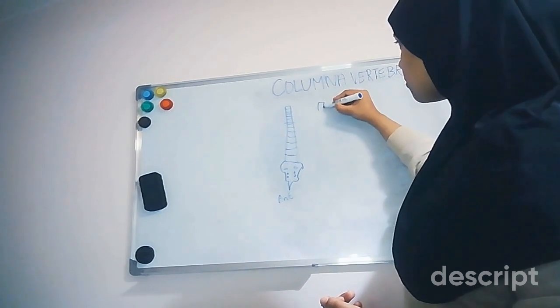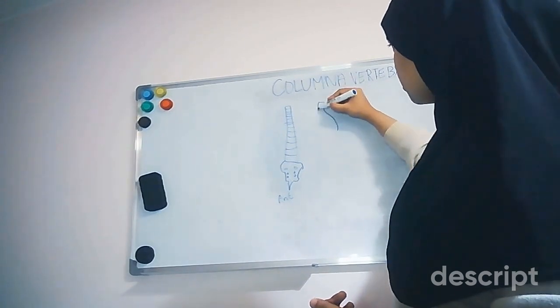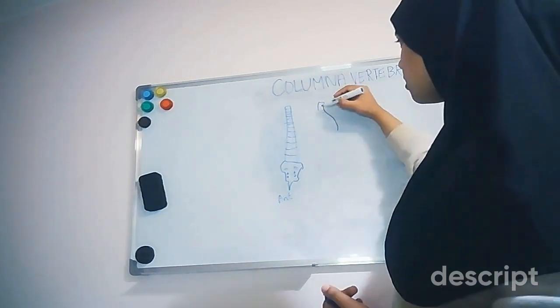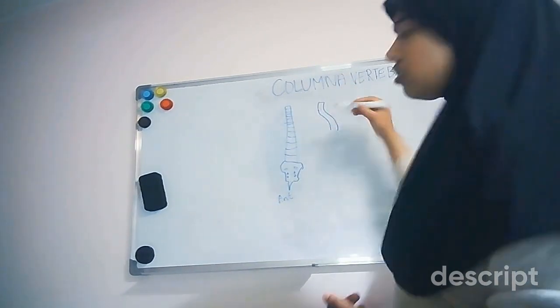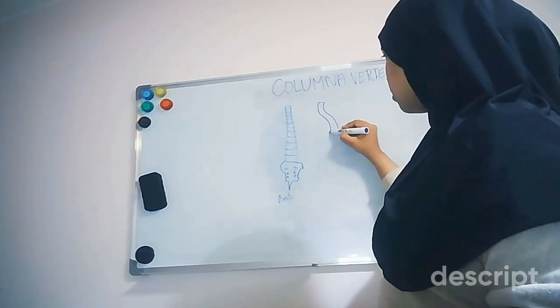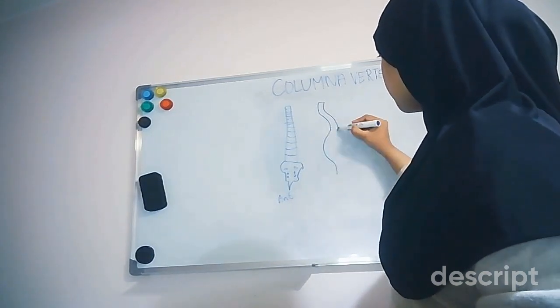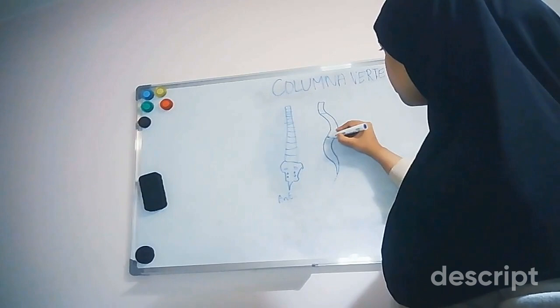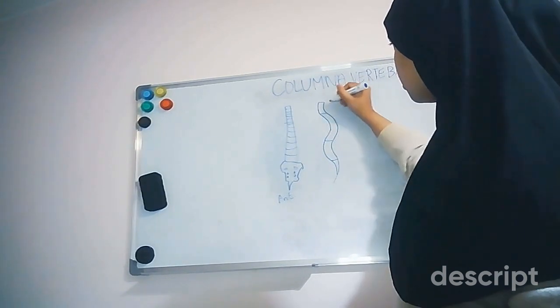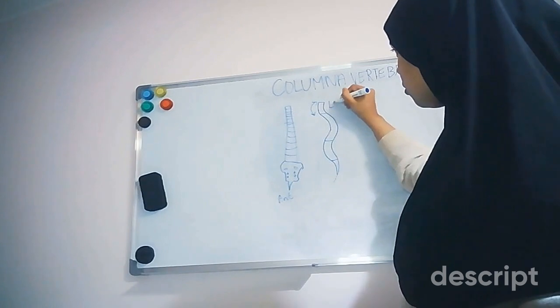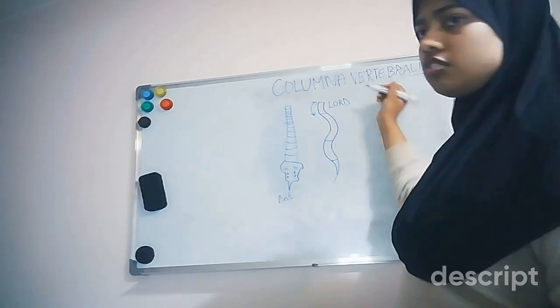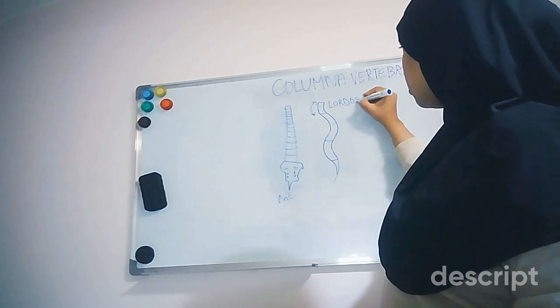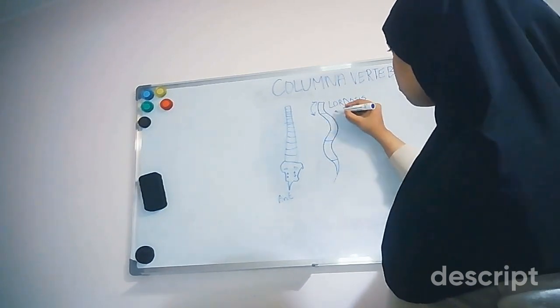If we were to look at it from a lateral view, we would be able to see the curves. So it goes inwards, that's called lordosis, and then it goes outwards, kyphosis, and lordosis again, and kyphosis. So this inward is called lordosis, and this outwards.